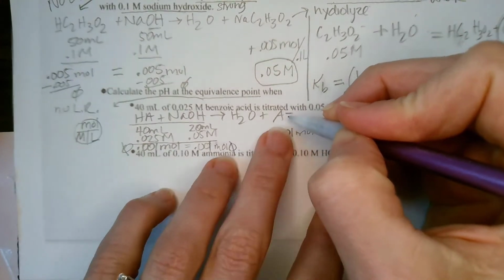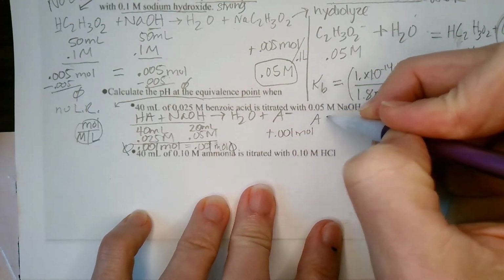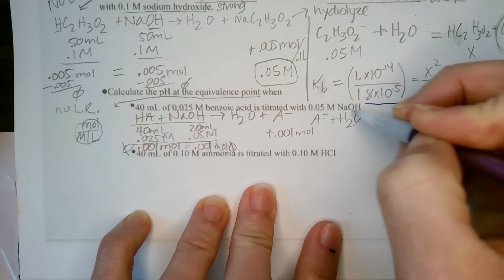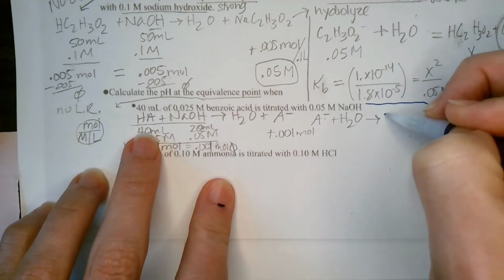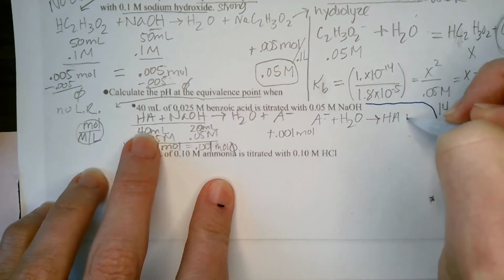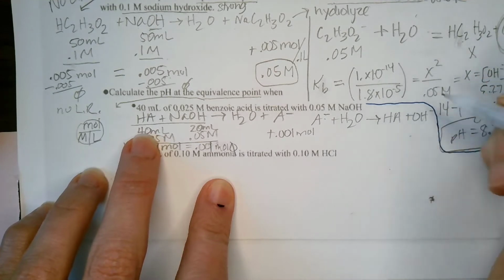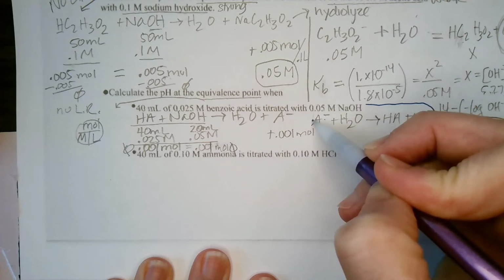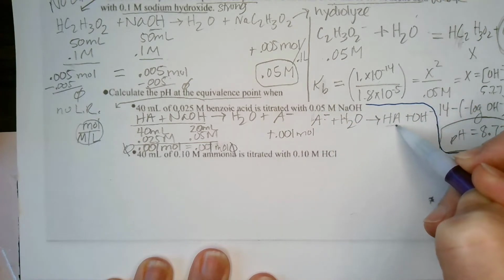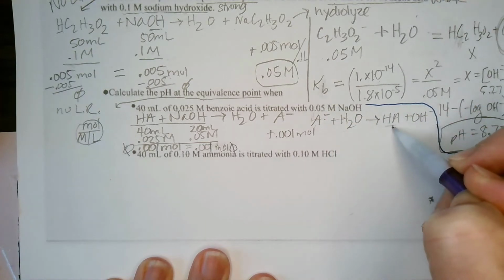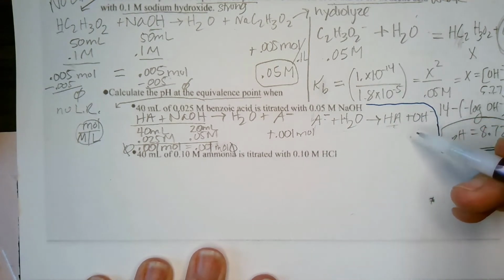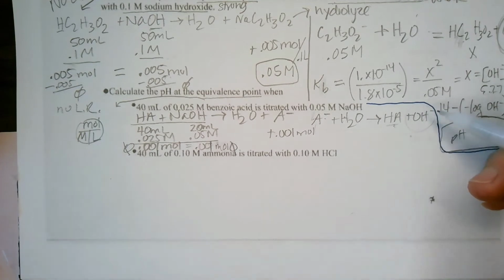So we've got our A minus plus H2O, and that's going to make our benzoic acid again, and hydroxide, right? One of the H's from my water is going to go back over here, give me my conjugate acid, and then I'm left with OH minus. So this is another where we're going to have a more basic solution.